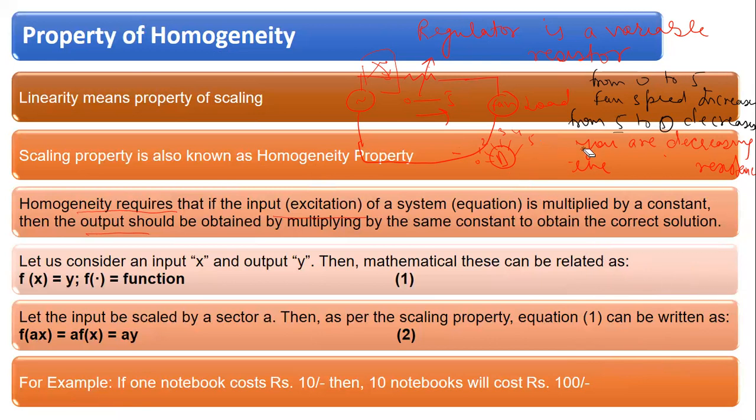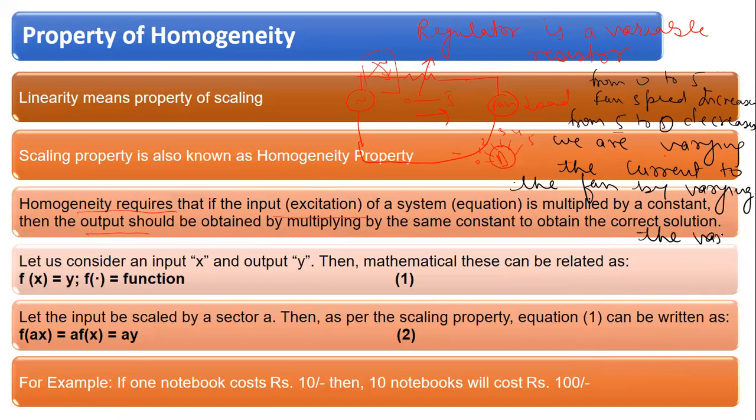Okay. So what actually are you doing when you are moving from 0 to 5 or 5 to 0? We are varying the current to the fan by varying the variable resistor, that is the regulator.